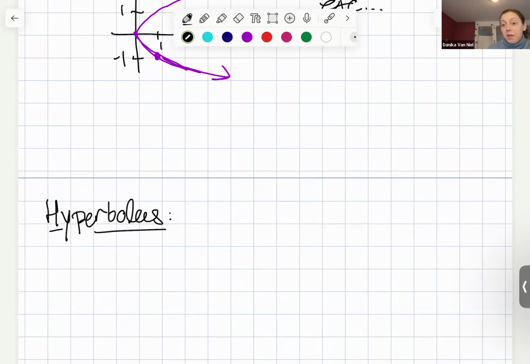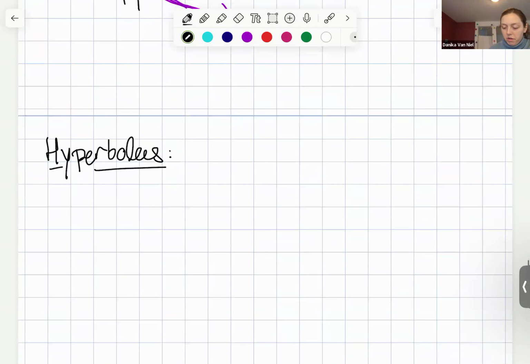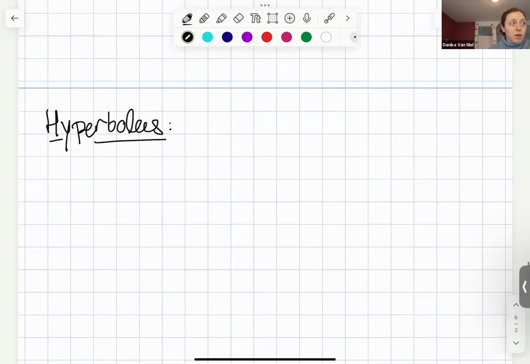Okay, so hyperbolas, the one that most people know about, or probably is more common, is 1 over x, right? But how we're gonna write it is we're gonna write it as x times y equals 1. Okay.